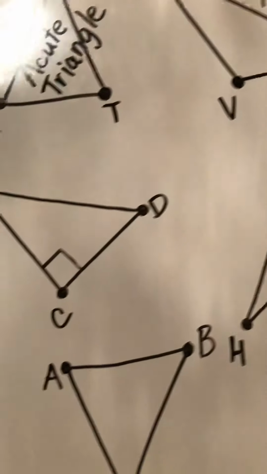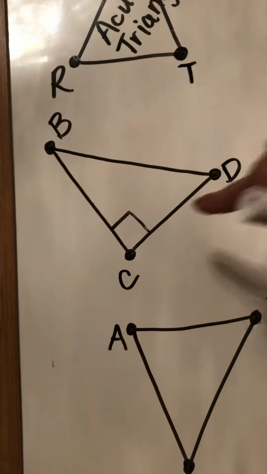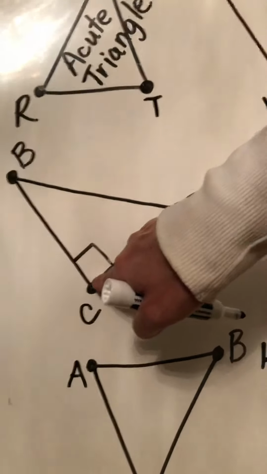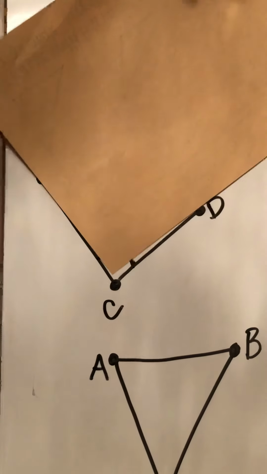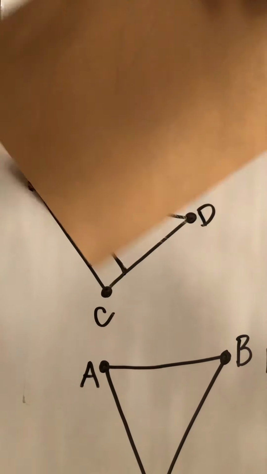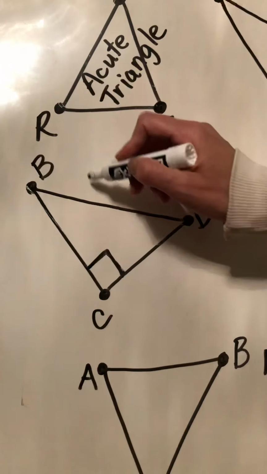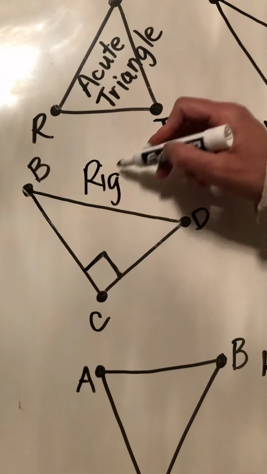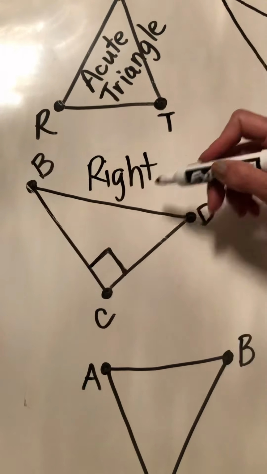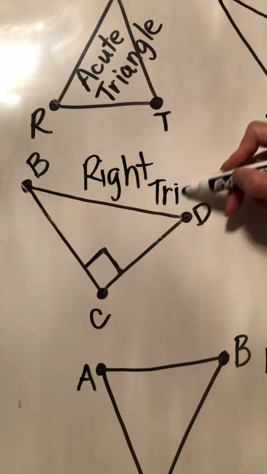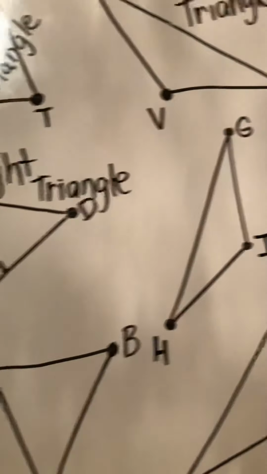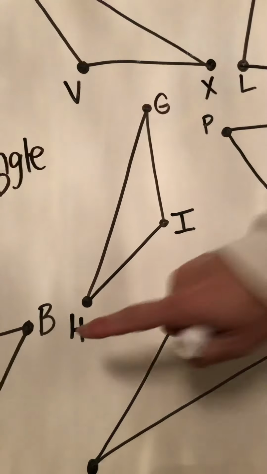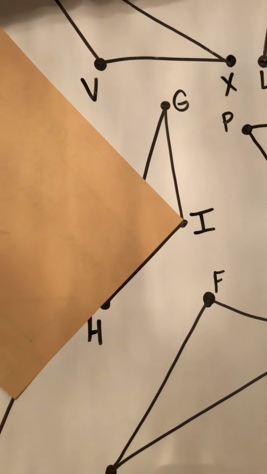Let's look at BCD. This one has a really big hint. It has the little square in it, which means that forms a right angle right there, which tells me this is a right triangle. As soon as you see that little square, it's a right triangle. You don't even have to think much about it. Next, GIH. I'm looking for 90 degrees.